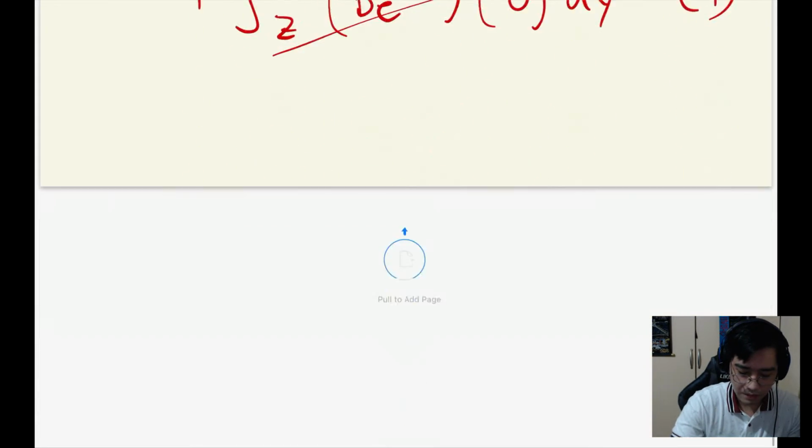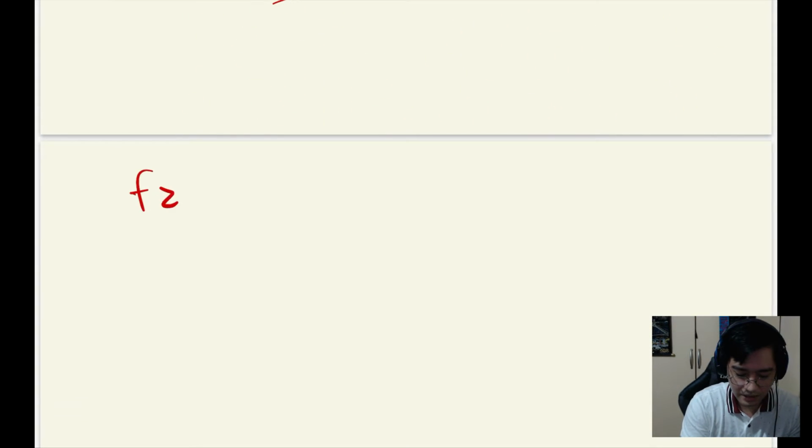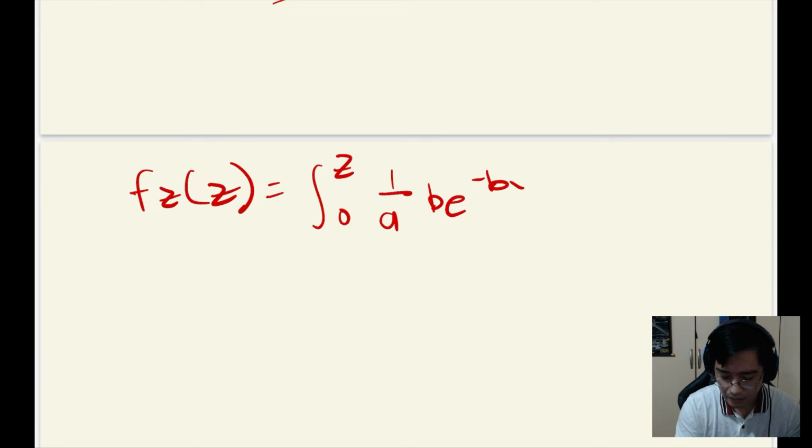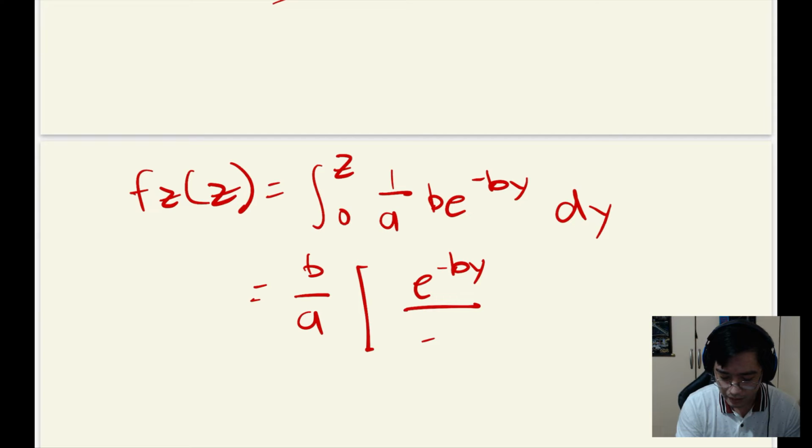So to do that, let me just write that f sub z from 0 to z, b over a times e to the negative by dy. So b over a is a constant, and then the integral of e to the negative by is e to the negative by over negative b, evaluated from y is 0 to y is z.